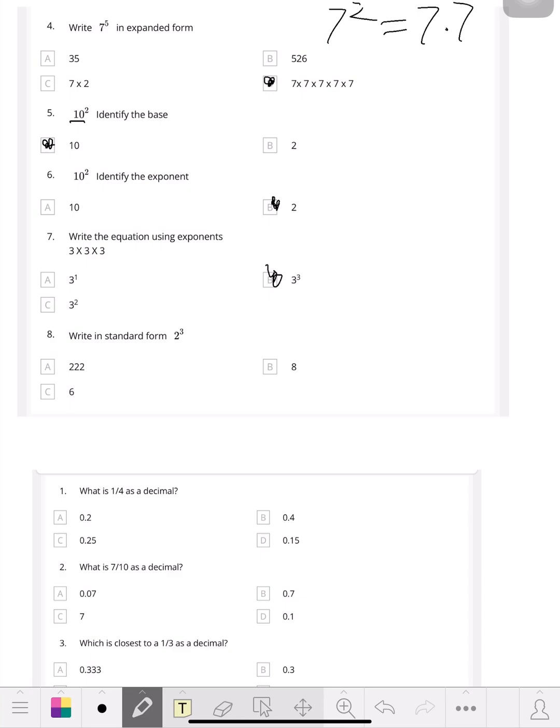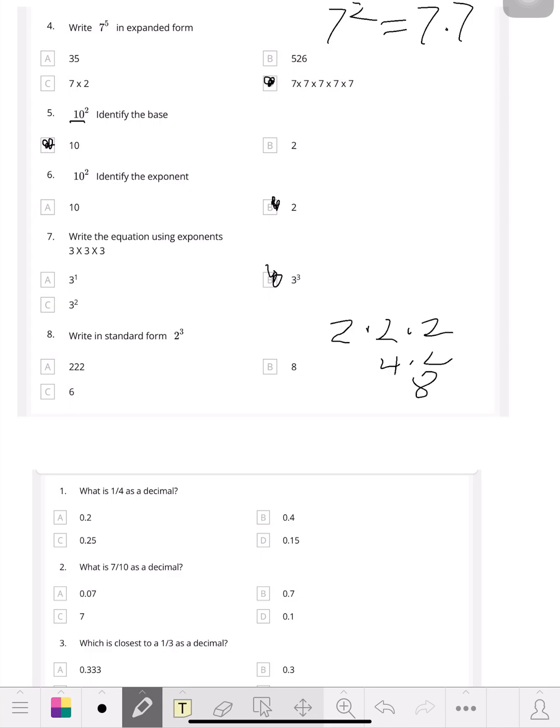Okay, write in standard form. Here's what you've got. Standard form, so what you want here is 2 times 2 times 2. 2 times 2 is 4, times 2 equals 8.